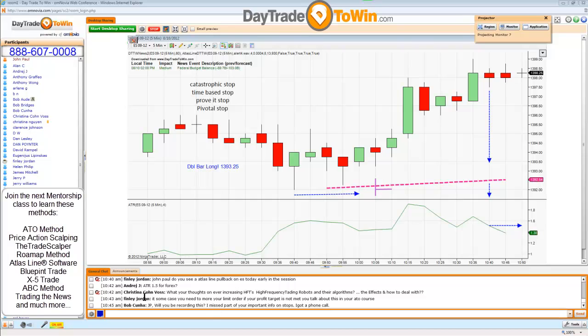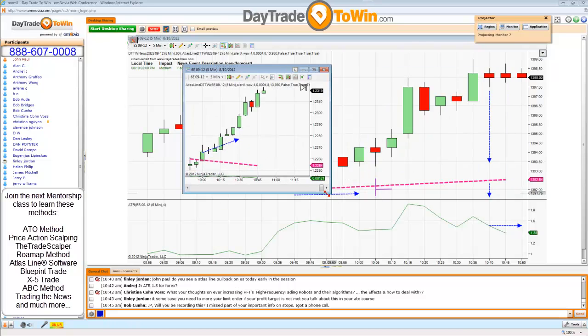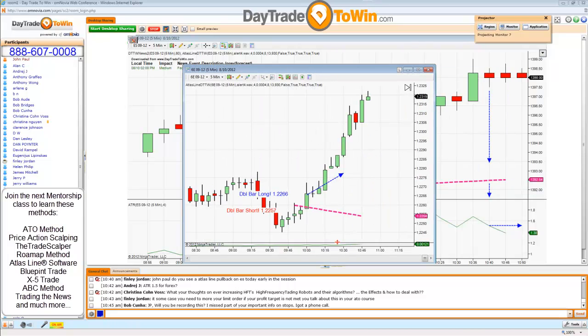Andre, for Forex, it's the same thing, but Forex 1.5 isn't the equivalent because it works off of ticks. So you have to look at, here, let me bring up a Euro chart here. Hold on a second. On Forex or on the Euro, it's not based off of points, it's based off of ticks.